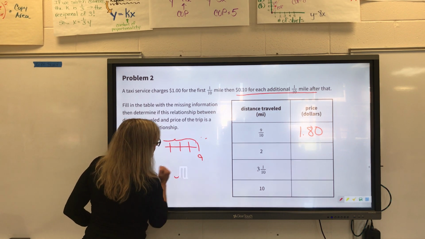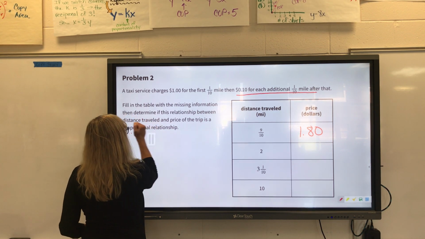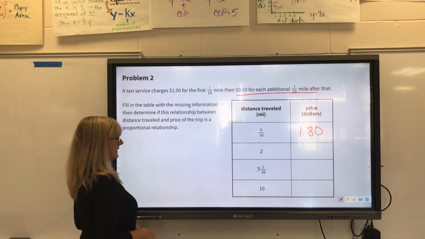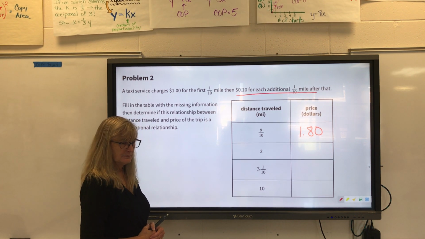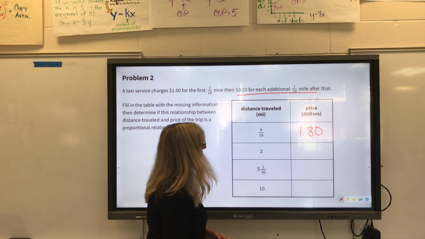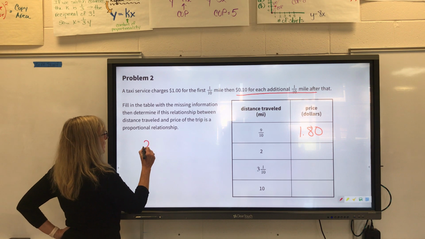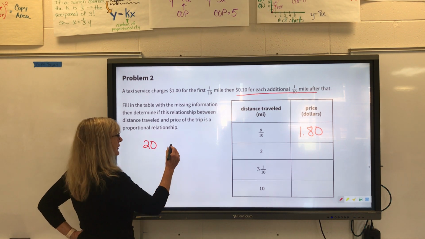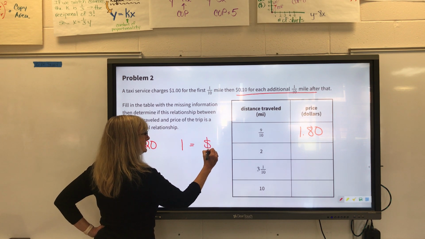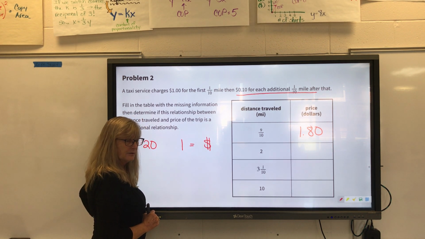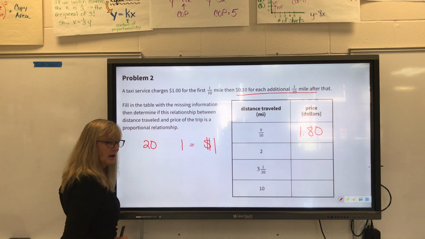Now we are going 2 miles. How many tenths are there in 2 miles? 20. Okay, so we have 20 tenths. Well, the first 1/10 of a mile costs me $1.